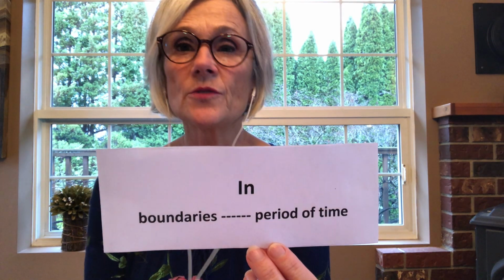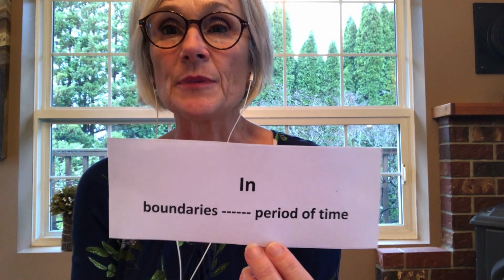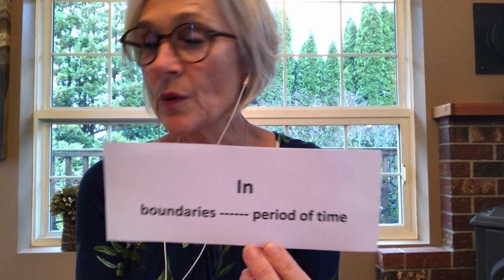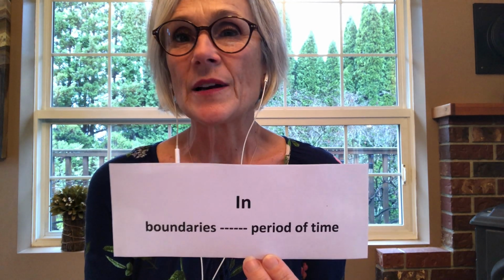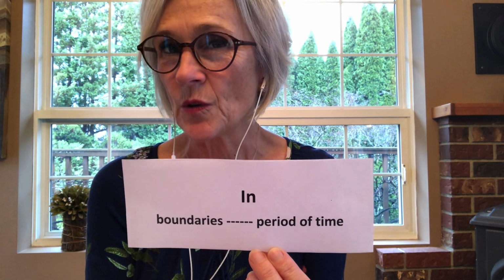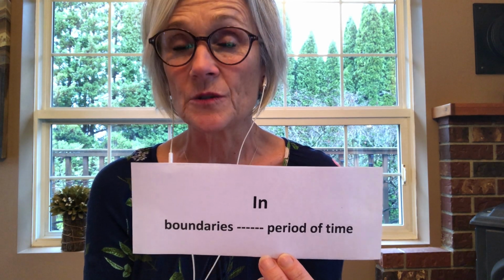Now, we can also use in when we're talking about a period of time that has a beginning and an end. For example, I'll see you in September. And remember a minute ago I said, remember the actual date. So if I said to you, I'll see you on September 10th, because I gave the actual date, the 10th, then I say on.